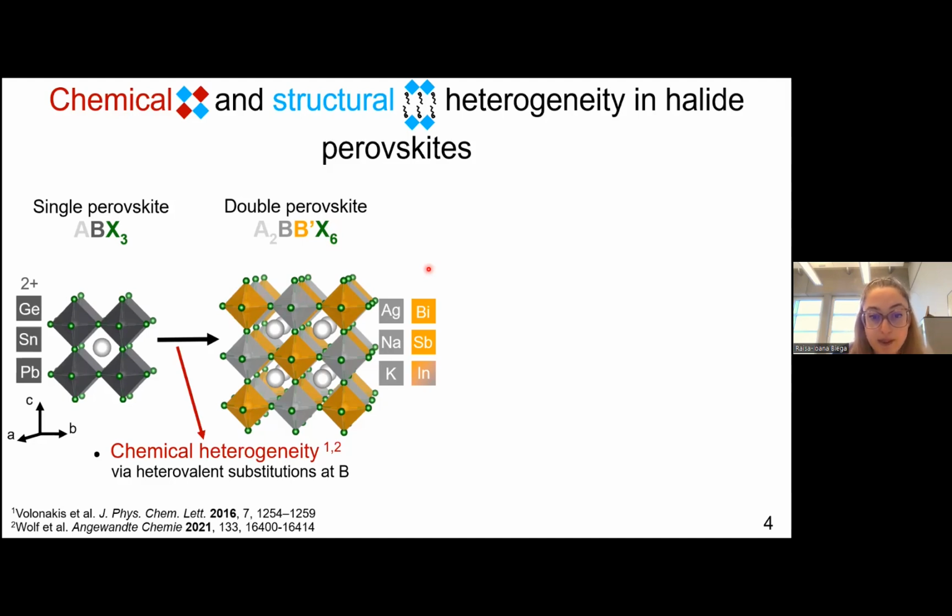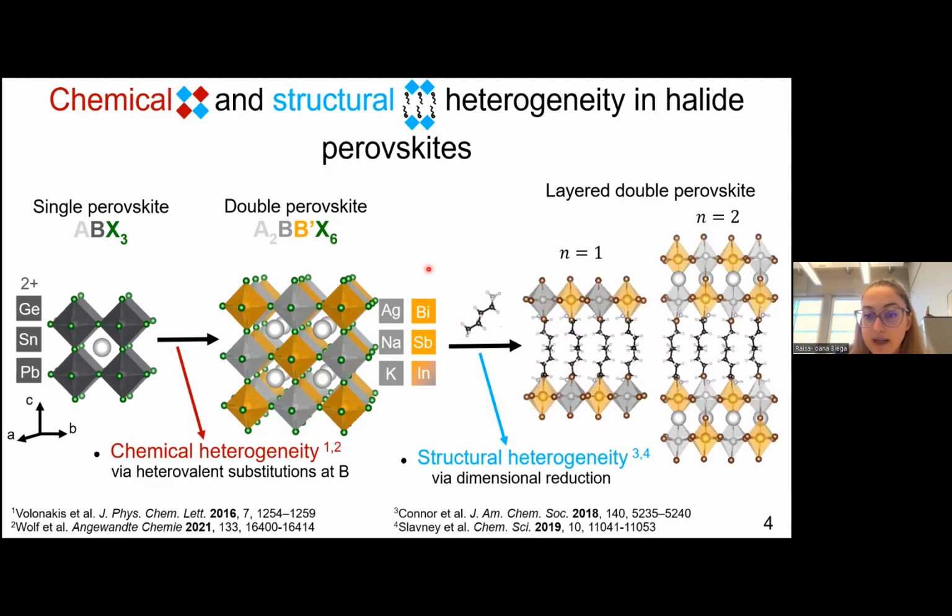The next step would be to reduce the dimensionality, and you do that by intercalation of long organic molecules, and that would introduce another type of heterogeneity into the system, what we call structural heterogeneity, because it really comes from the fact that you have two different layers, an organic layer and an inorganic layer, in your material.